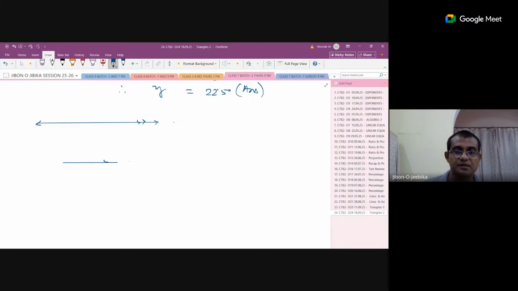This and this are parallel lines, and this is x and this is 50 degree. Find x.